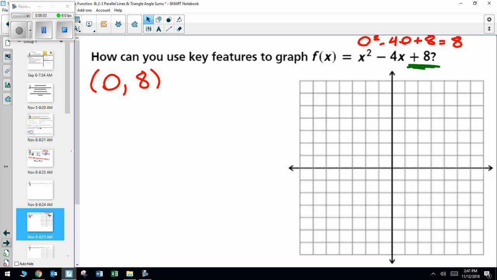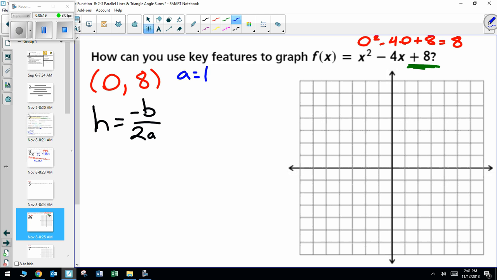And then the other key point that I want is the vertex, which, again, I'm going to have to use the formula negative b divided by 2a. And I'm also going to have to identify here that my a is 1 and my b is negative 4. So plugging that in, again doubling up on the negatives, over 2 times 1, I'm going to get my x value is 2.